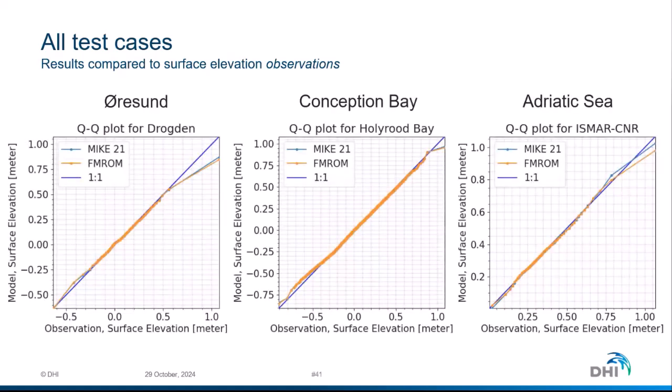And visually, the comparison to observations, we have some QQ plots here with the mic model and the surrogate model. And I should mention here that there's a larger error for more extreme values, or larger error of both models. And that's also because the mic model hasn't been calibrated to perform especially well on these values here.